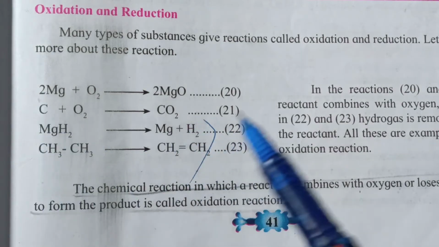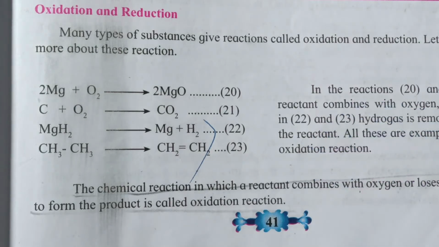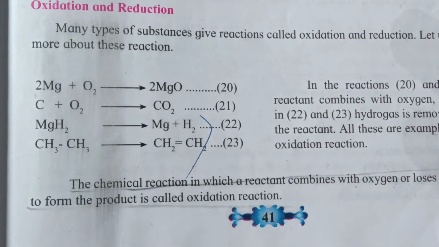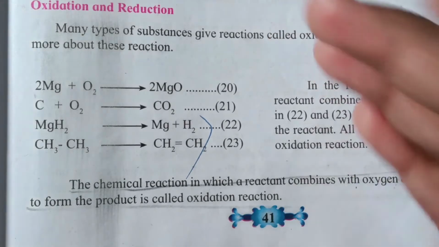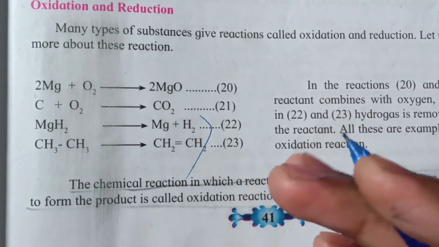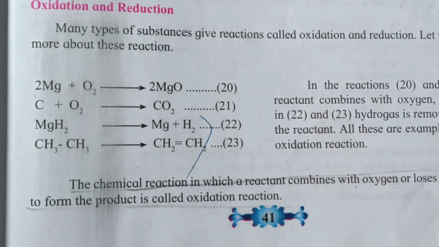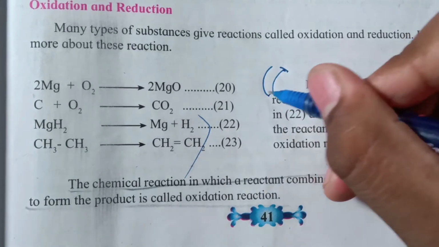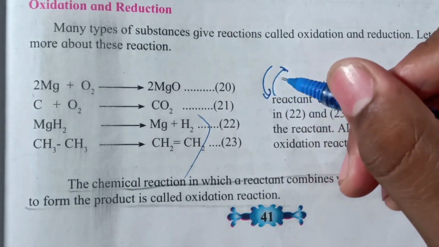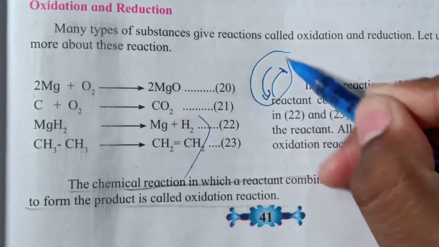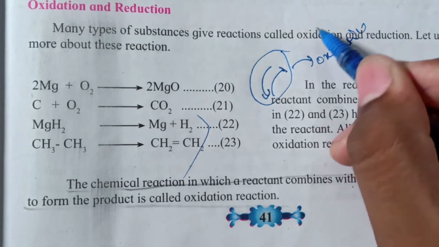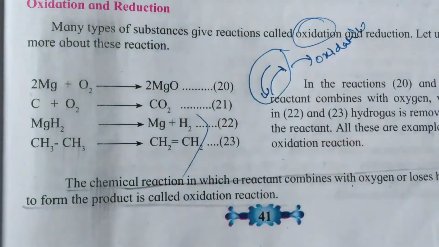See, oxidation is said to take place when the reactant combines with oxygen, or the reactant loses hydrogen, meaning removal of hydrogen and inclusion of oxygen. This leads to oxidation. Okay, now we'll learn about reduction.